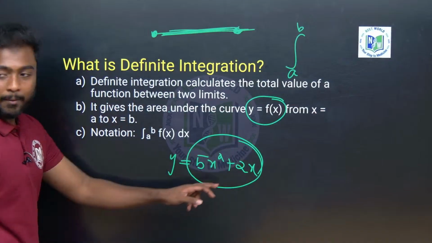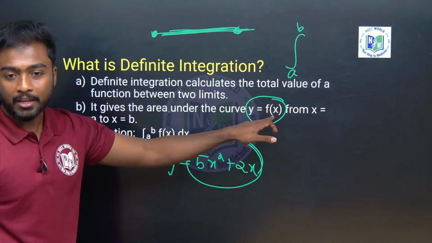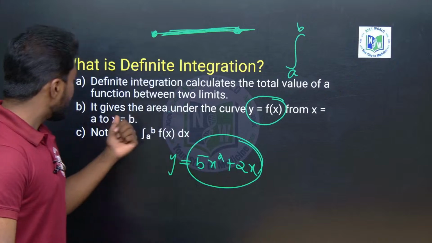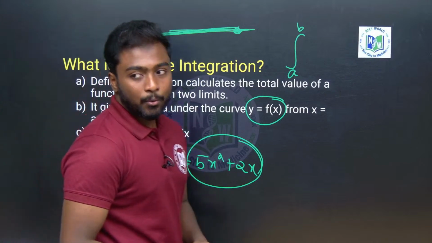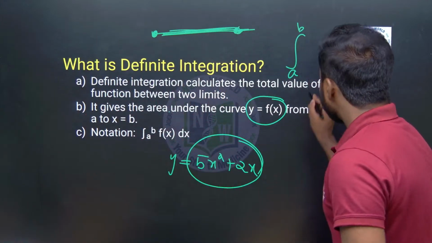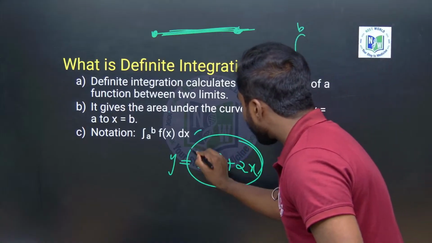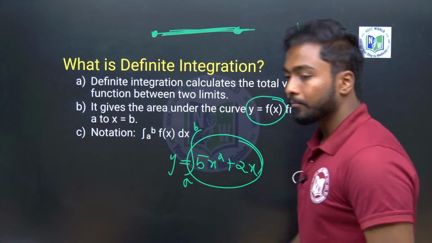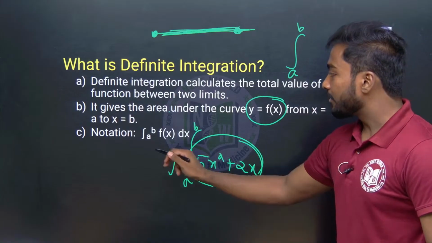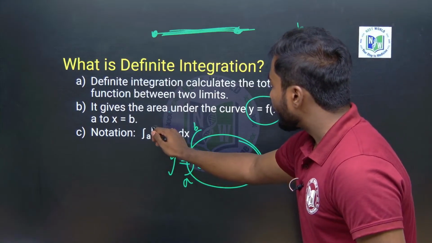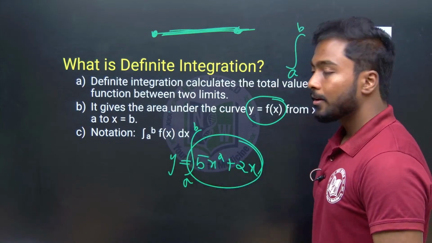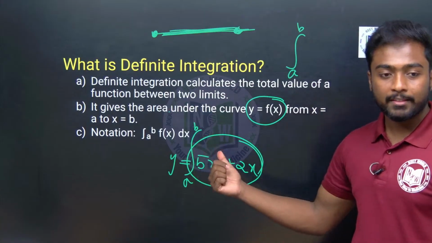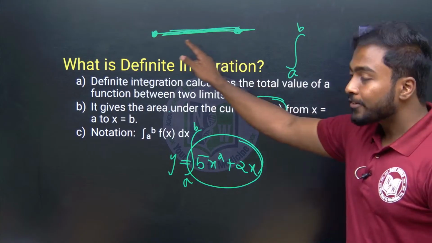This 5x square plus 2x is called the function f of x, from x is equal to a to x is equal to b. That's the limit. So the integral from a to b, this is how we write the limits. The notation is the integral from a to b of f of x dx. Understood? This is how you apply the limits for definite integration.